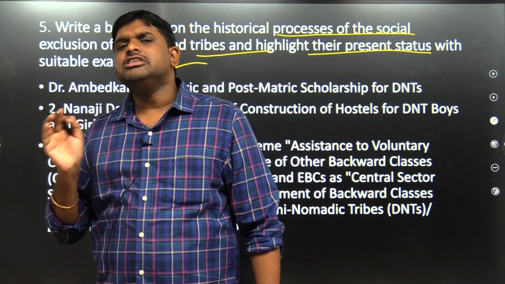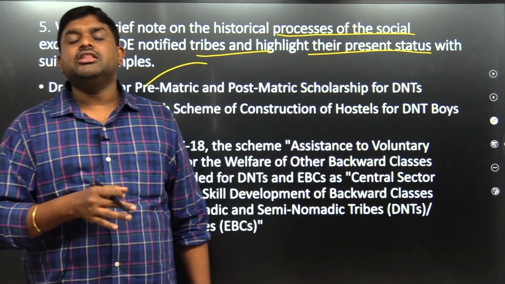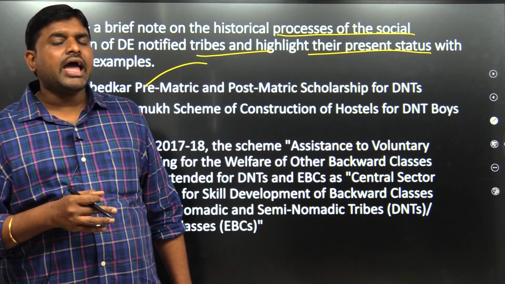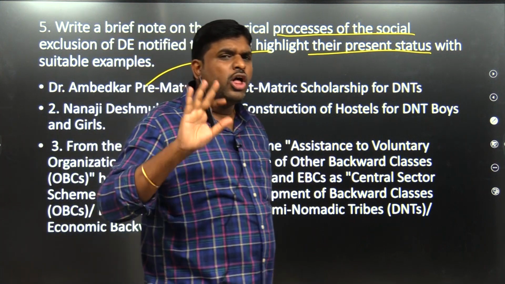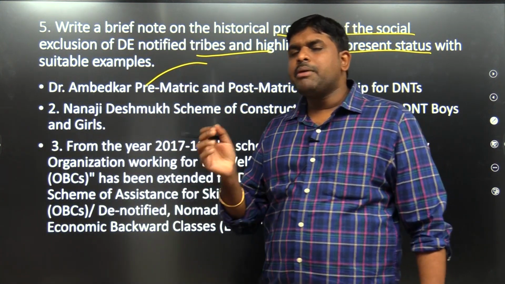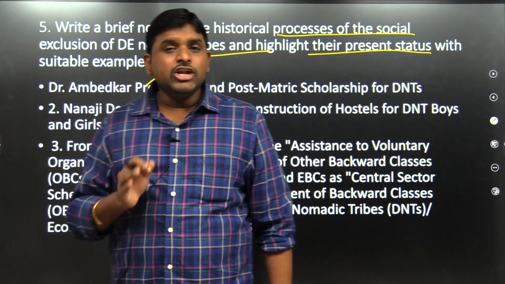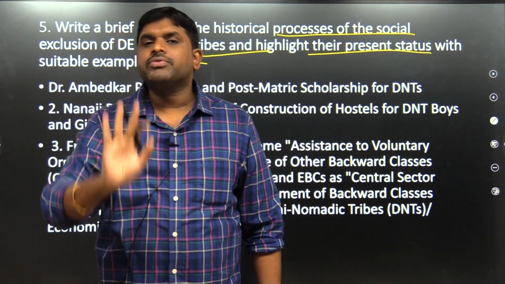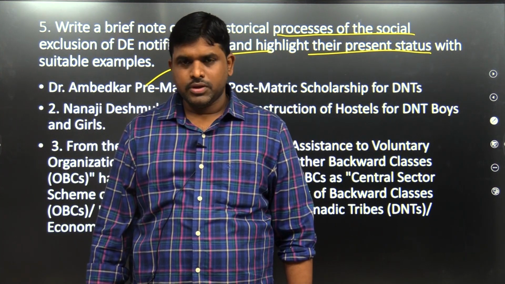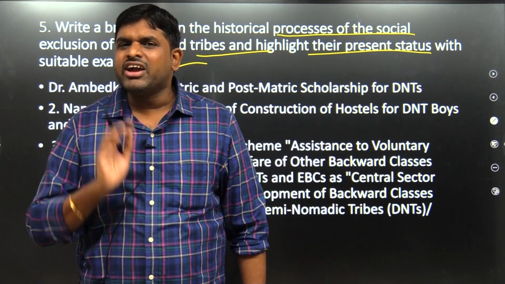But after independence, in 1952, we repealed the Criminal Tribes Act and came up with the Habitual Offenders Act of 1952, whereby we changed the name to Denotified, Nomadic and Semi-Nomadic Tribes. This is the history of the criminal tribes, who are now called denotified tribes.